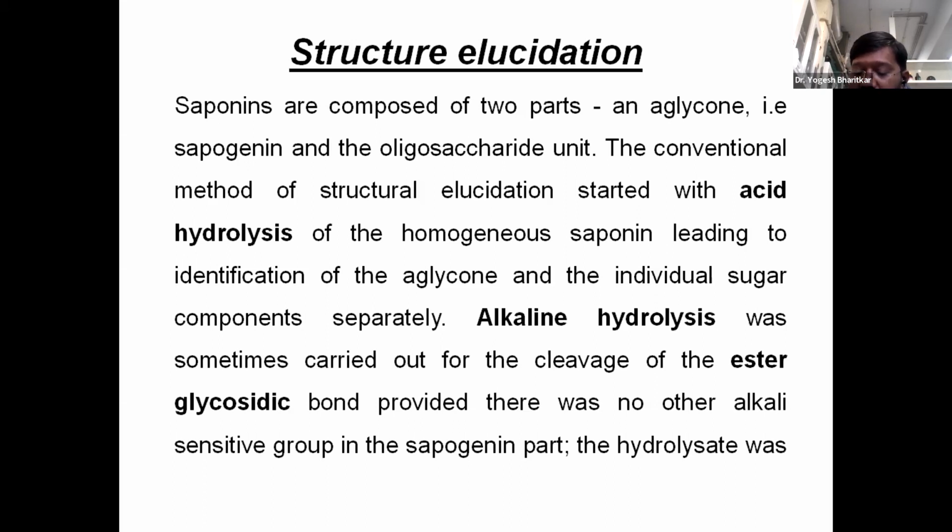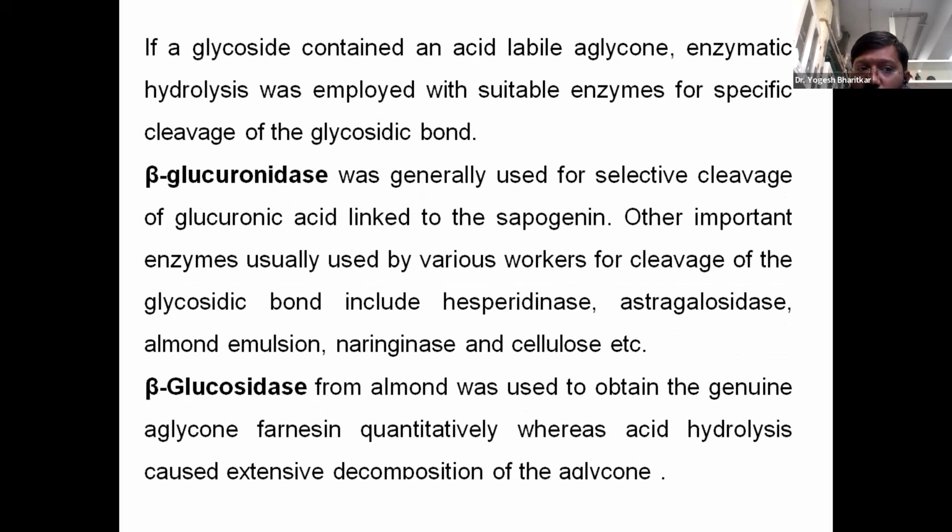And sometimes, if acid-sensitive or alkaline-sensitive groups are present, then we have to do specifically enzymatic hydrolysis, with glucuronidase or beta-glucosidase. After hydrolysis, the sugar and triterpene parts we have to characterize separately.